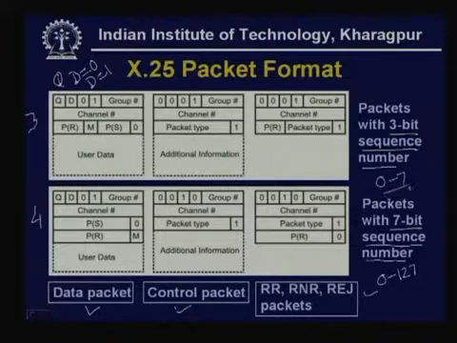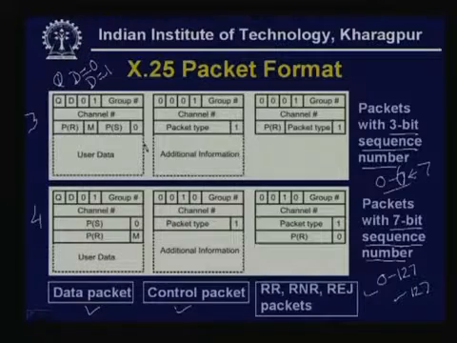Although the numbers are 0 to 7 or 0 to 127, it cannot be 128 or 8. So these numbers are used as a sequence number, and PR is used essentially for acknowledgement in the piggybacked form.